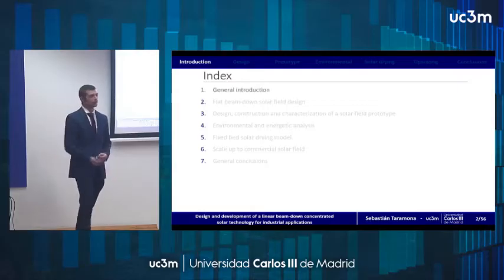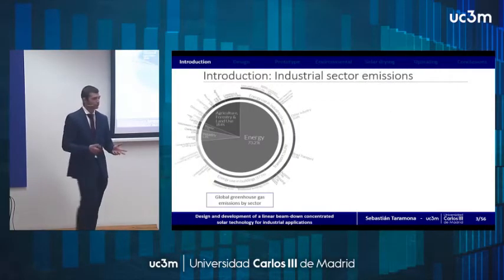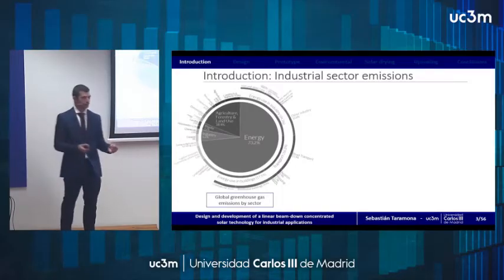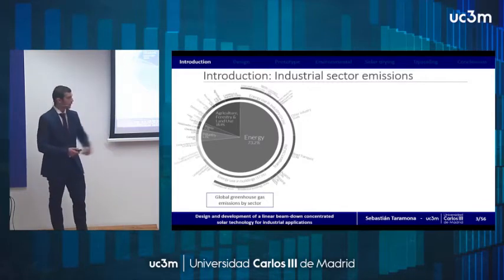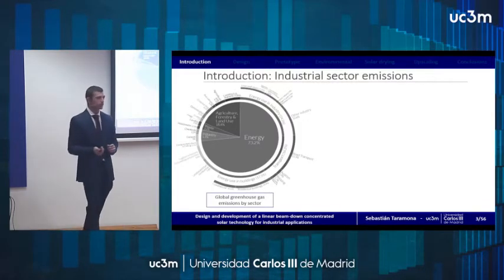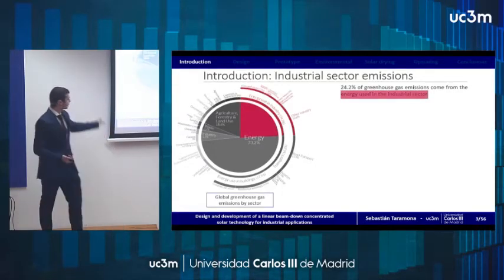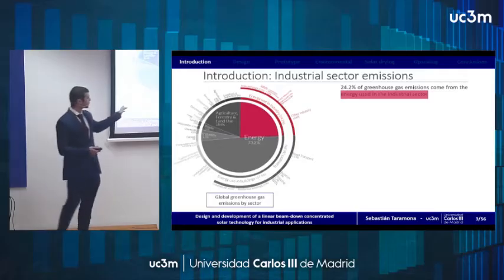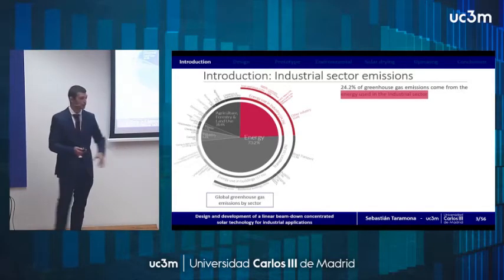So, starting with the introduction. Taking into account the goals of the Paris Agreement and to keep the temperature from rising above 2 degrees Celsius, one of the sectors that we have to tackle is the industrial sector, that, considering the global greenhouse gas emissions, accounts for roughly 24.2% of emissions.